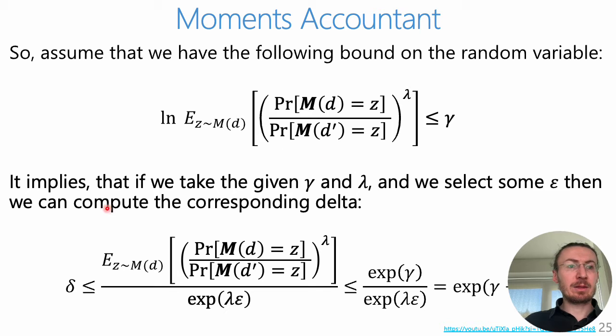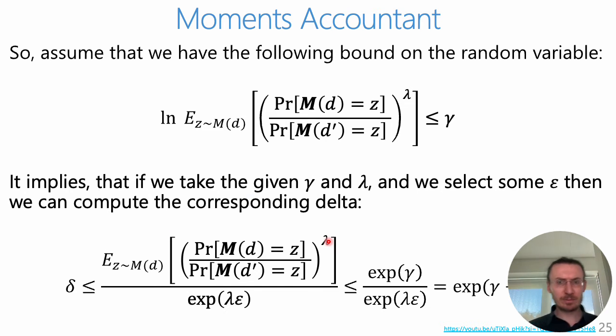Once we define this random variable this way, this implies that for given parameters gamma and lambda, we can select some epsilon, and by selecting some epsilon we can compute the corresponding delta.